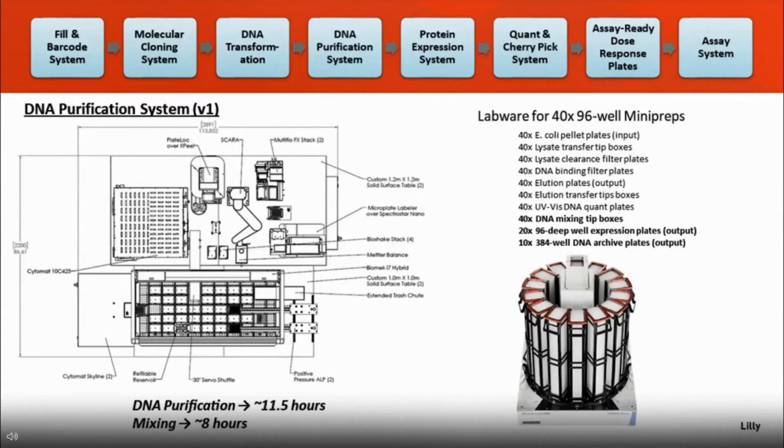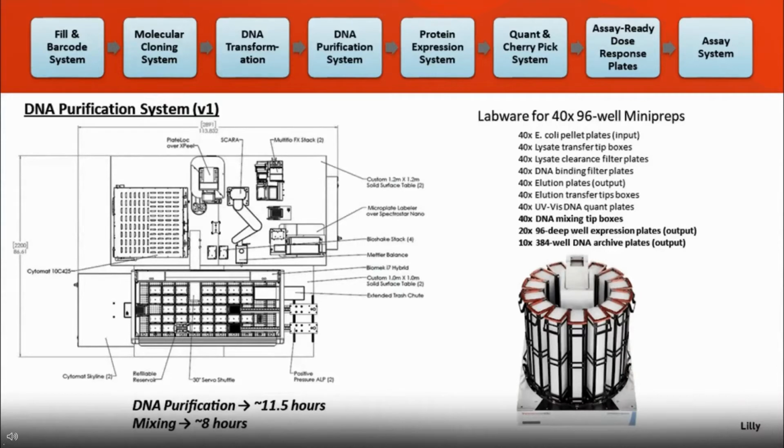The other thing I mentioned is we have a reader on here, and we are able to measure how much DNA we've made. Well, the next step is to normalize and mix your heavy and light chain DNA, and I'll talk about that a little later in the talk. But since we have the information on here and we have a liquid handler on here, we have all of the tools in place to be able to do that mixing.